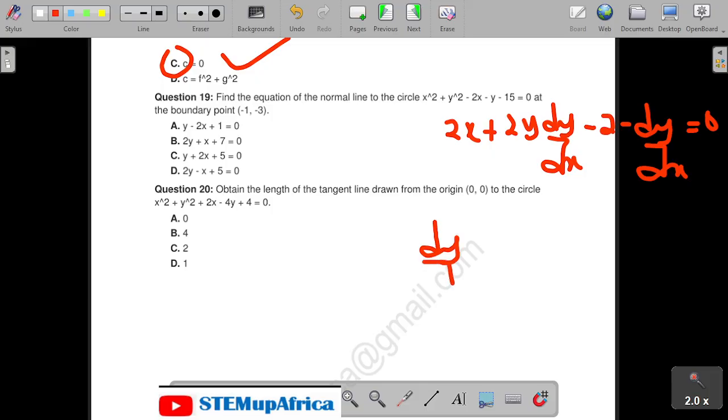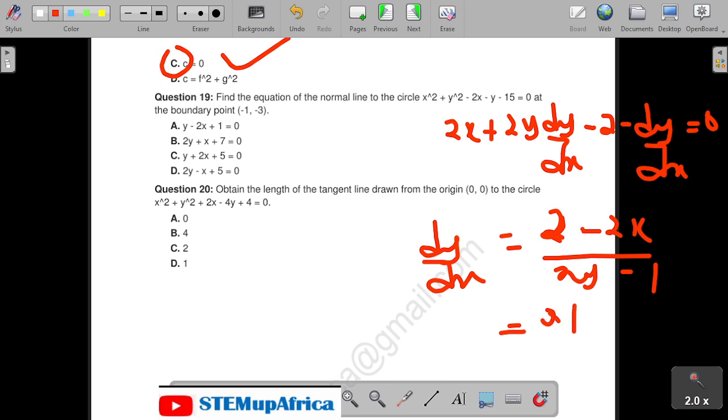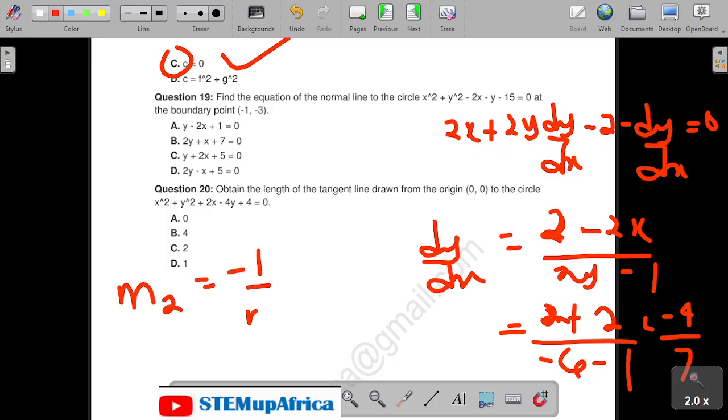So my dy/dx will simply give me (2 minus 2x) over (2y minus 1). The x is minus 1, y is minus 3. So I'm going to have (2 plus 2) over (minus 6 minus 1), which is minus 4 over 7. For the normal, the second gradient is minus 1 over the first gradient, which is minus 7 over minus 4. The answer gives us 7 over 4 as the gradient of the normal.